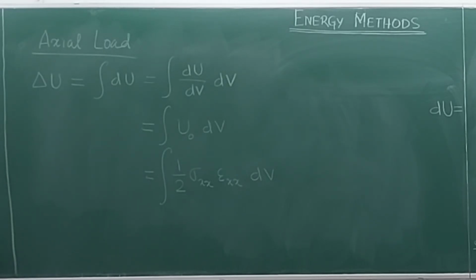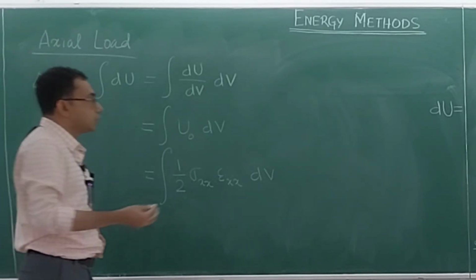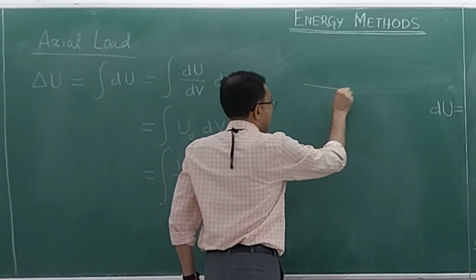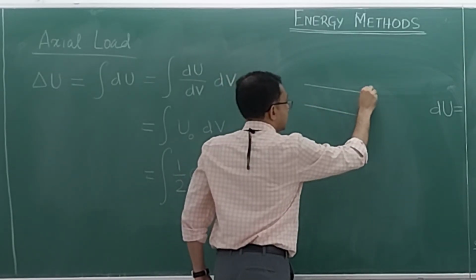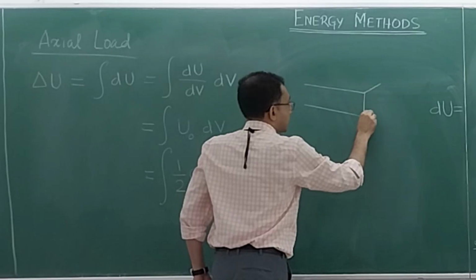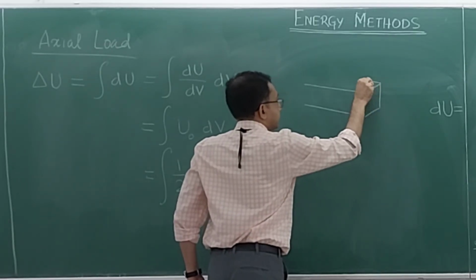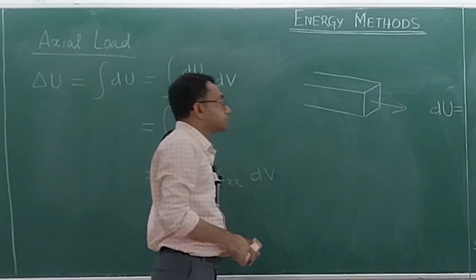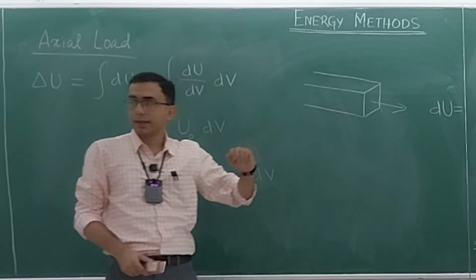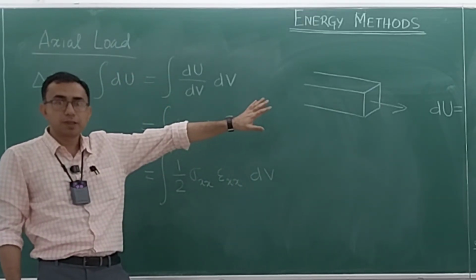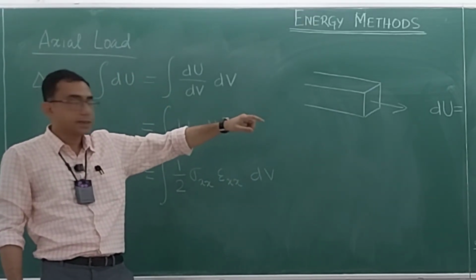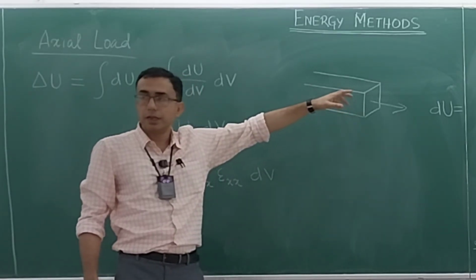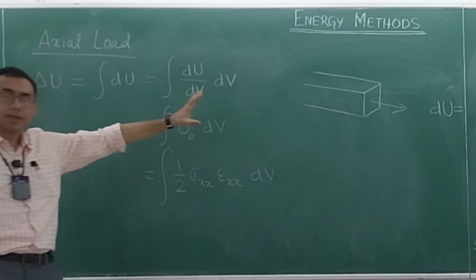Till now I have not drawn any picture, but you just have this picture in your head that we are considering some kind of a member like this, a beam or a shaft, where you have some load here. So we are considering the axial load like this. It can be a circular cross section, elliptical cross section, whatever, but this kind of member.